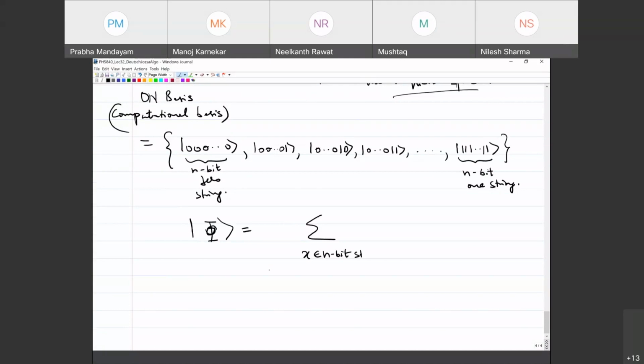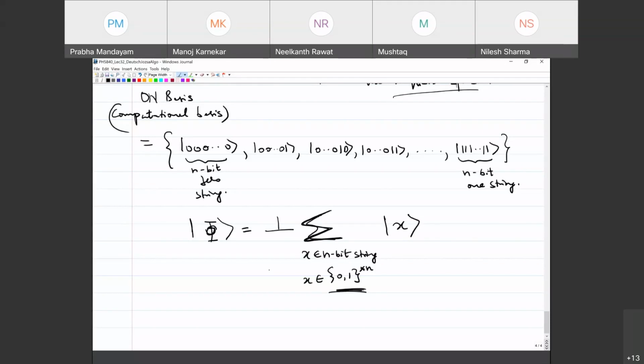The way you write this formally is x belongs to the set {0,1} cross n, ket x. But this sum is not normalized, right? So what do I need outside? How do I normalize this? 1 upon the square root of 2 to the power n. 1 over 2 to the power n? No. Square root. Okay, good.